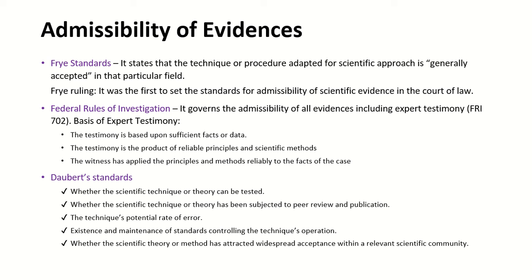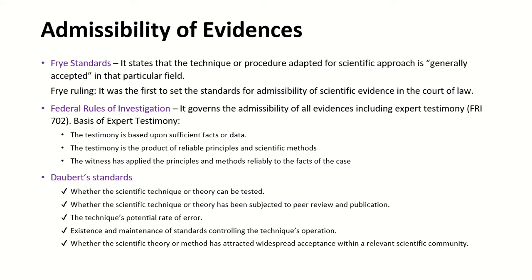On the basis of expert testimony, the testimony should be based upon sufficient facts or data. The testimony is the product of reliable principles and scientific methods. Next is the witness has applied the principle and methods reliably to the facts of the case.